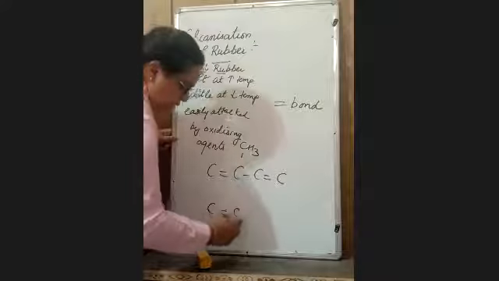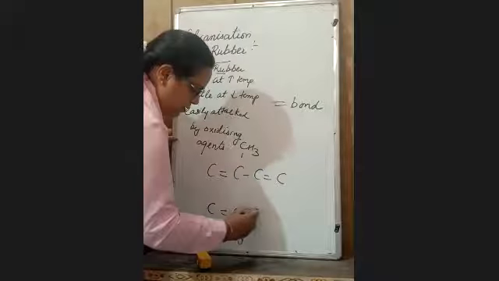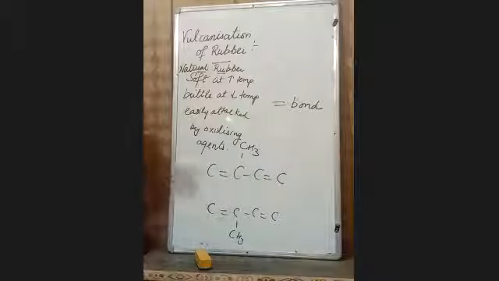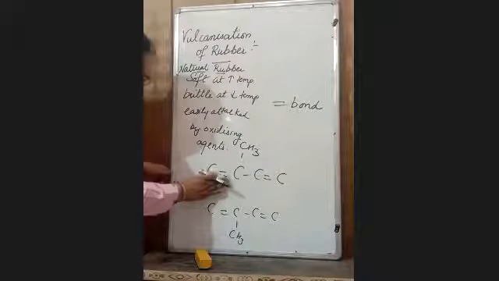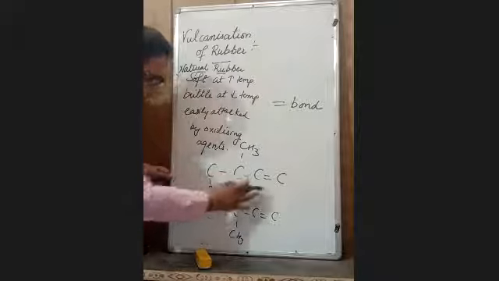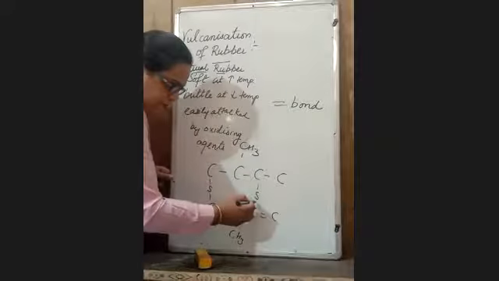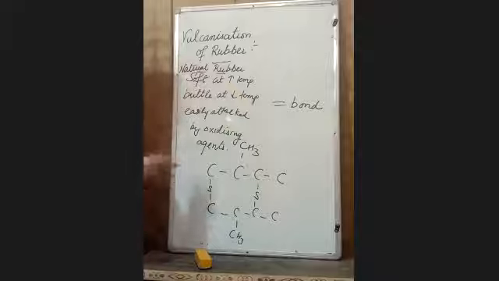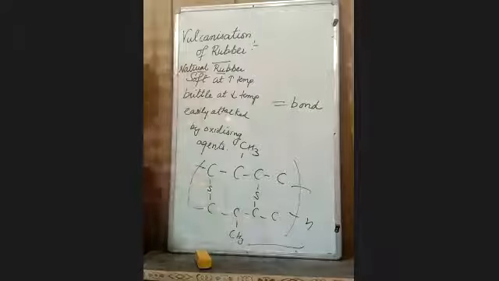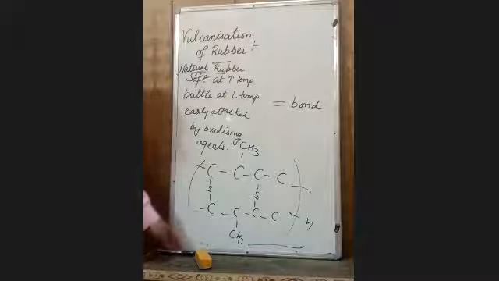Suppose this is natural rubber, 2-methyl-1,3-butadiene. In the last lecture, we have discussed this. We are adding sulfur at this double bond site. This is vulcanization of rubber, and it will increase the quality of rubber.